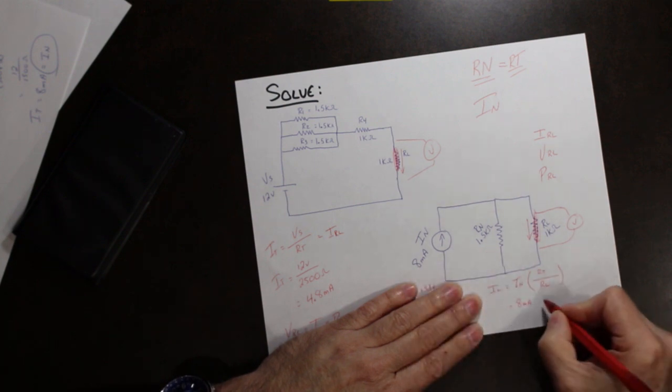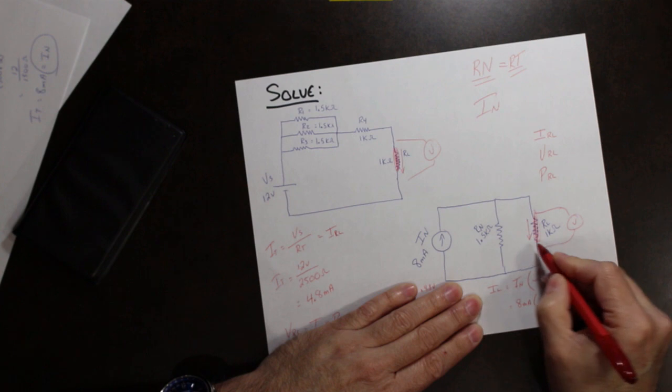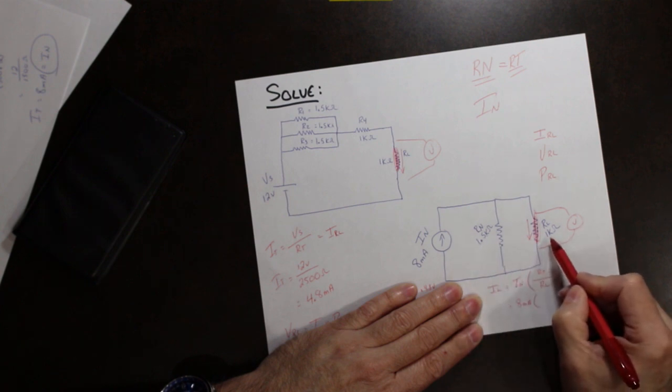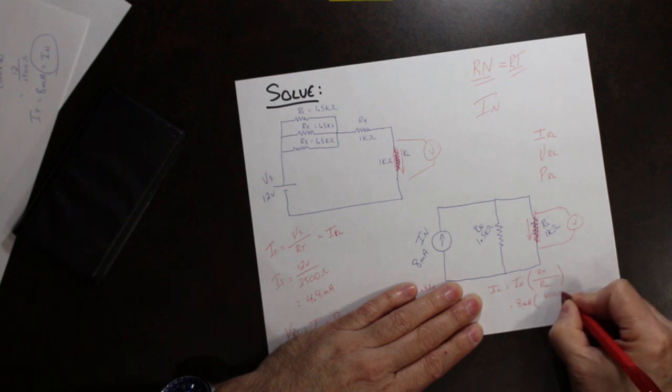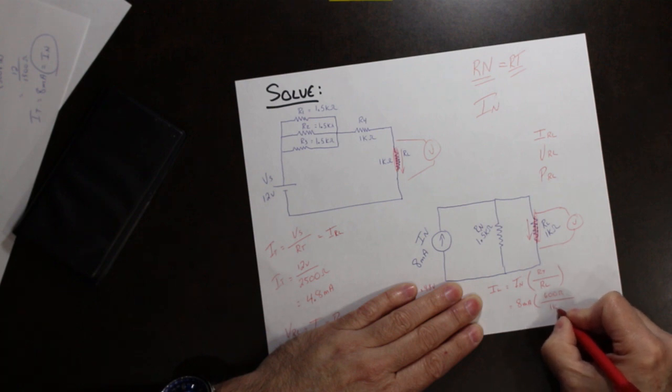Our R total is 1.5K in parallel with 1K, and that works out to be actually 600 ohms, divided by RL, which is 1K.